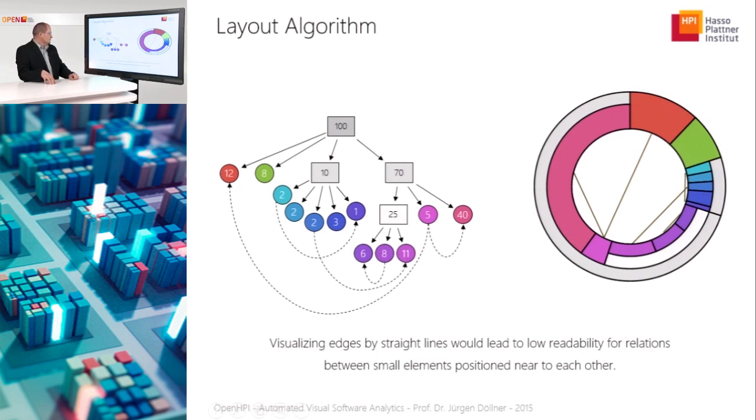Straight lines, however, would have low readability because small elements positioned near to each other are difficult to identify as connected, like in this case here. So we need a better strategy, and this is part of the hierarchical circular bundle view technology.